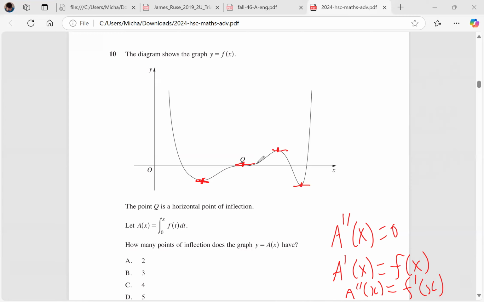I guess what makes it a point of inflection? So a point of inflection is meant to be a point where it goes from increasing to decreasing. So for example, it looks like that.